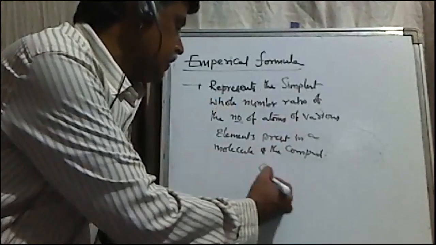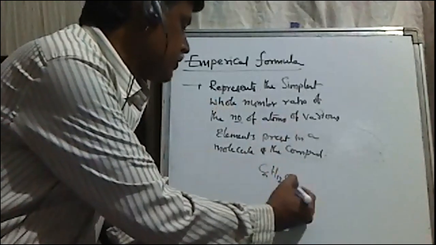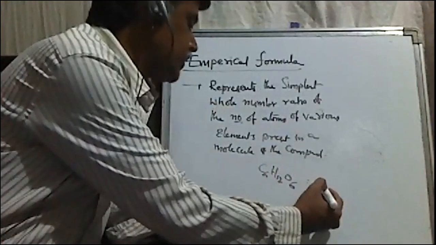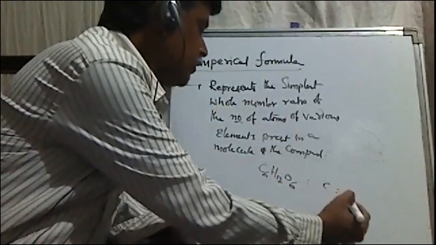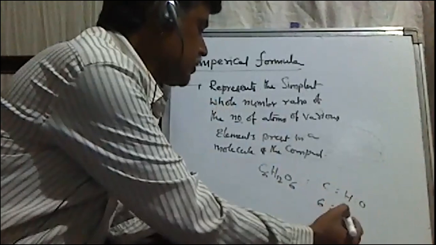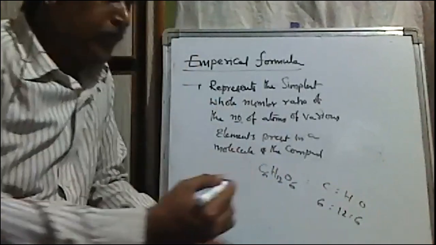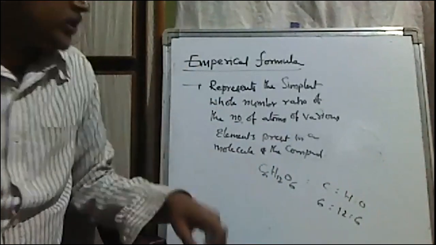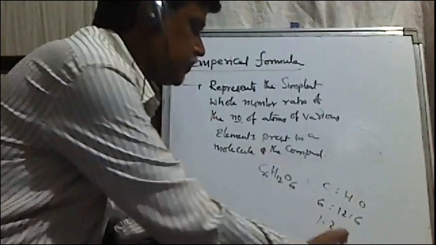For example, if you take glucose, what is the ratio of the elements here? Carbon to hydrogen to oxygen is 6:12:6. What is the simple ratio? Here the simple ratio is 1:2:1.